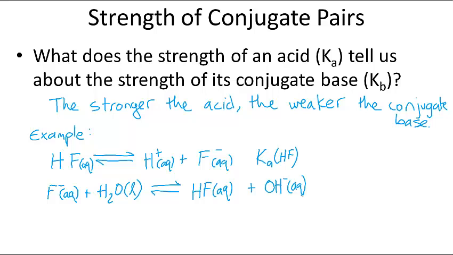So the Ka equation and the Kb equation are not exact reverses of each other. So the K value for the second equation would be the Kb of F minus. So the more willing my acid is to give up H plus, the less hungry for H plus the conjugate base is.